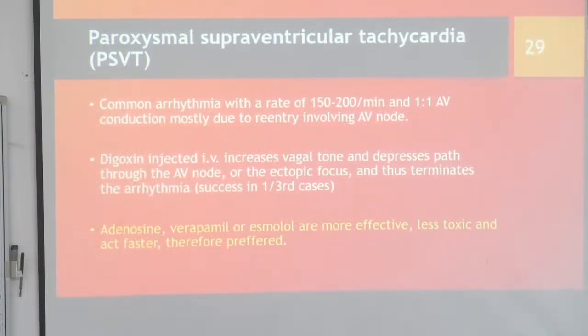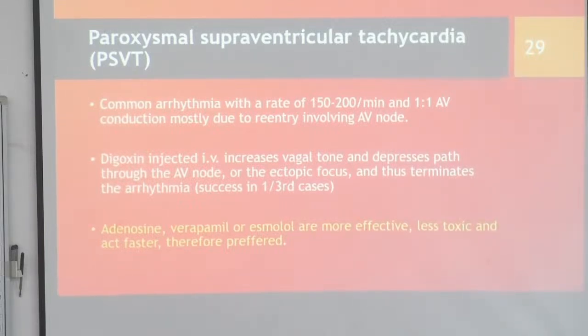So if the atrial rate is 150 to 200, the ventricular rate will be the same in PSVT. Digoxin injected intravenously increases the vagal tone and thus depresses the path through the AV node or the ectopic focus. They terminate PSVT in one third of the cases.